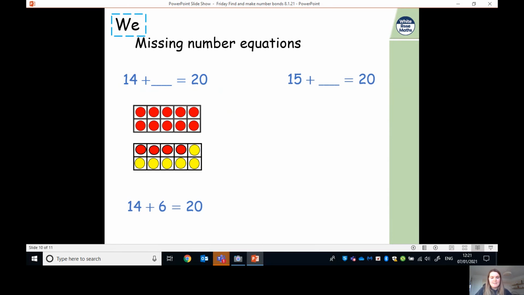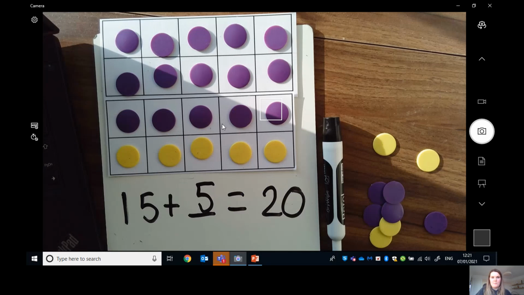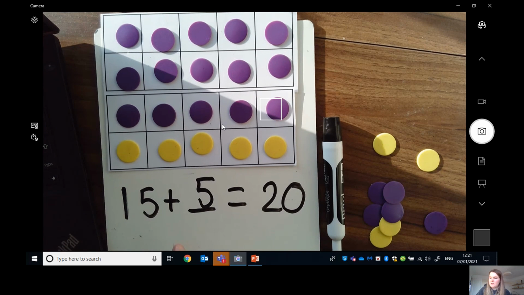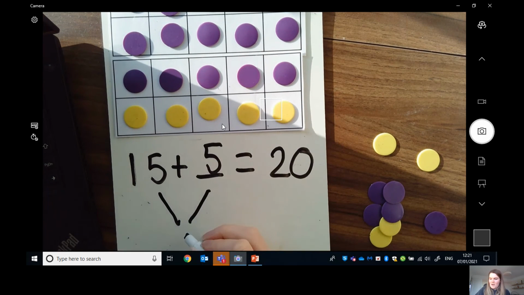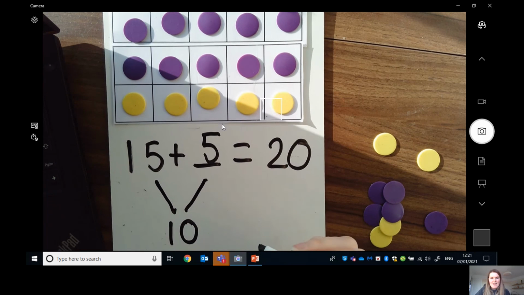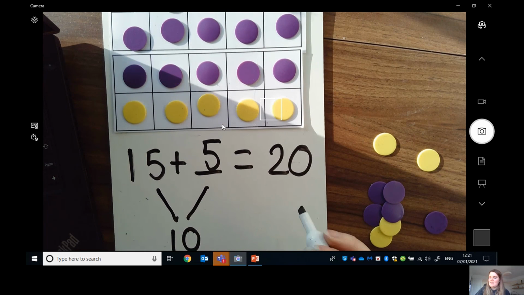Fantastic work. Let's see what we came up with. You should have found 15. The missing bit was 5 because we know that 5 plus 5 equals 10.